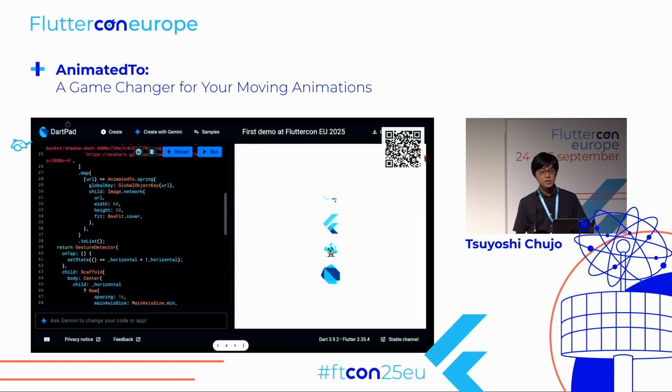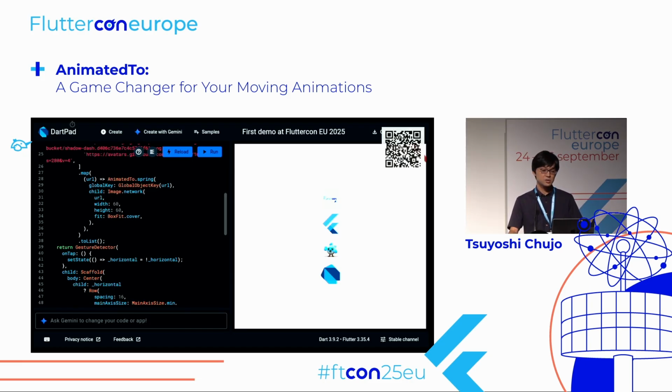I guess many of you think, is that all? Because it just animates the widget. There's no fancy functionality. It's just animating from here to here. But I believe all widgets have to be kept simple.